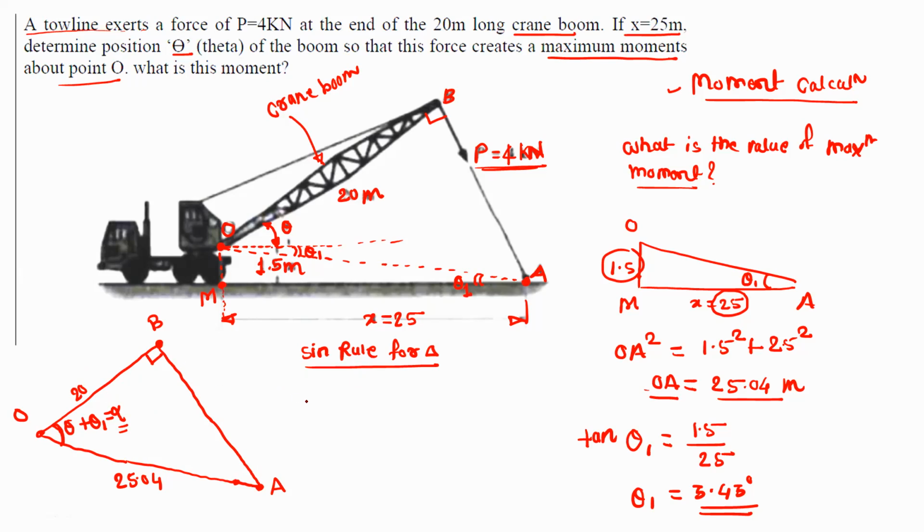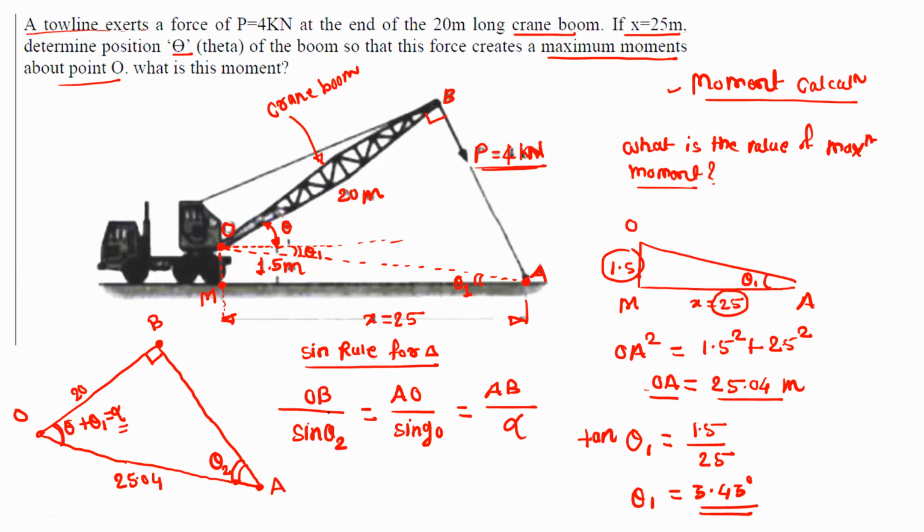So I will write this statement. OB divided by the sine of the opposite angle. So this is the angle. Okay, let us take this angle as theta 2. So we will write sine theta 2. It is equal to side AO. Its opposite angle is 90 degree. So this is sine 90. It is equal to side AB divided by its opposite angle, that is alpha. Okay.